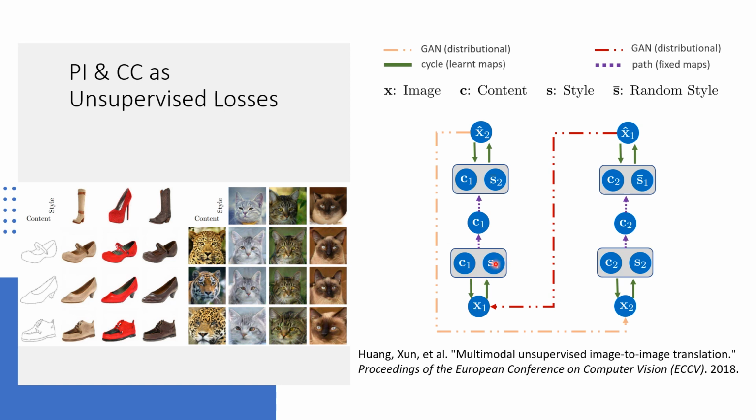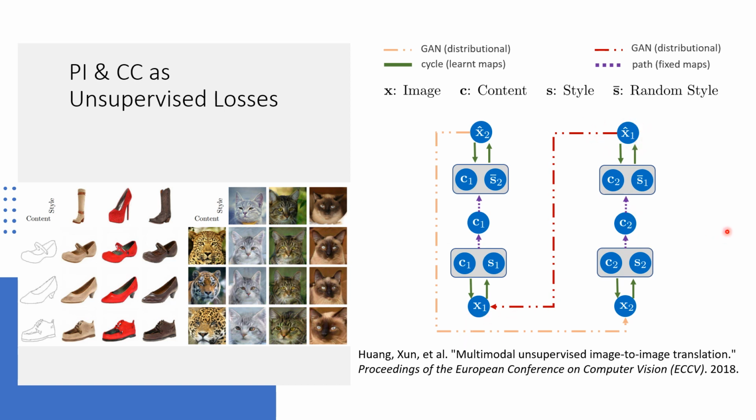Then I can take one content code and randomize the style, yielding another image, and that image I desire to have lie in the domain of another image. This could be cats, this could be dogs, or any other style transfer problem that you can think of. I do the same operation to this image as well, and the generated image should lie back in the domain of this one.